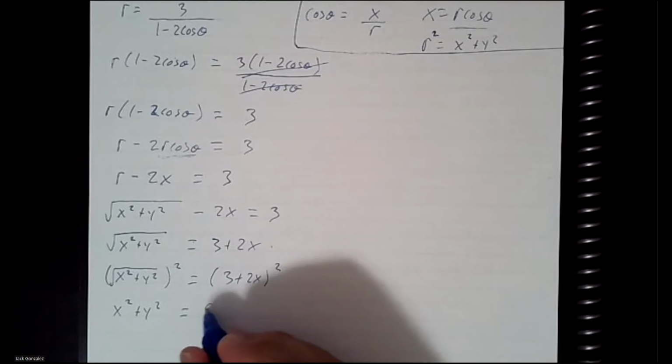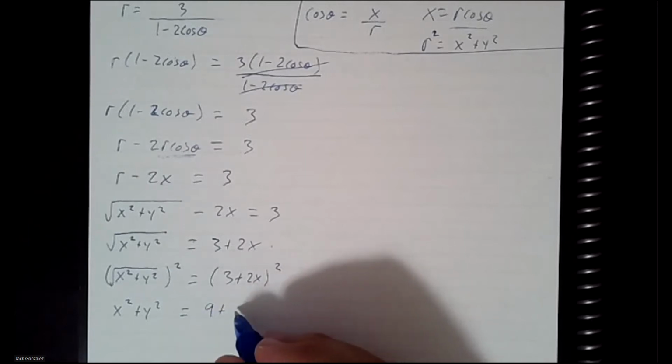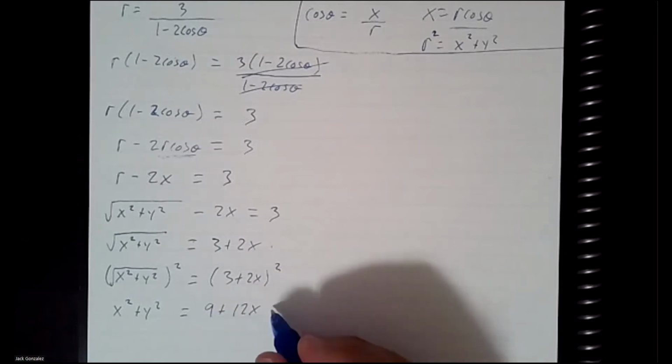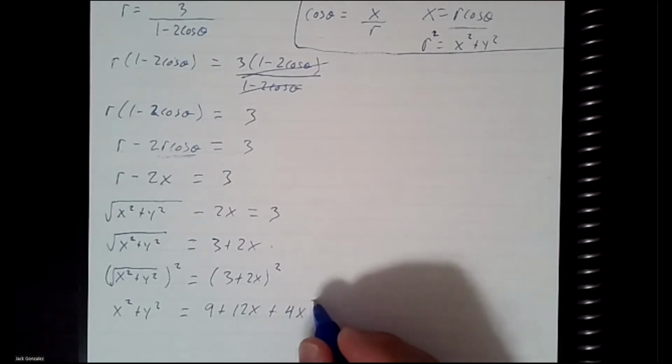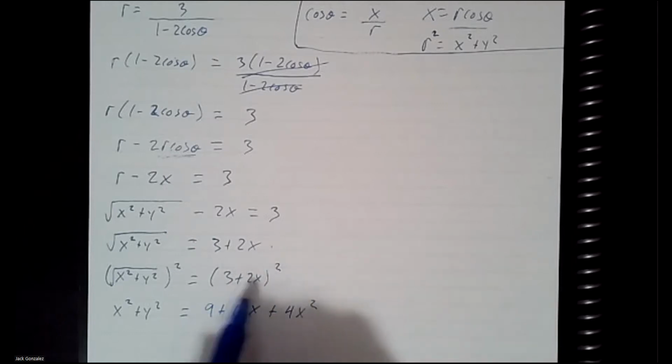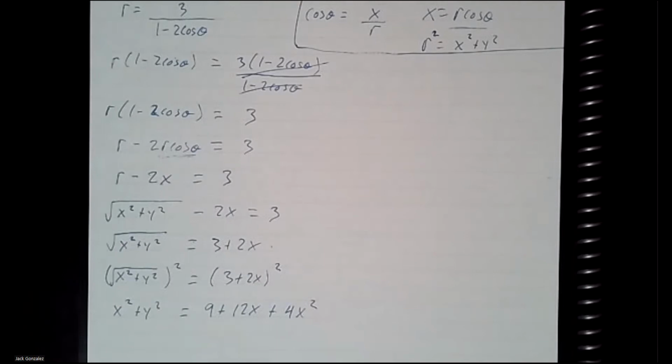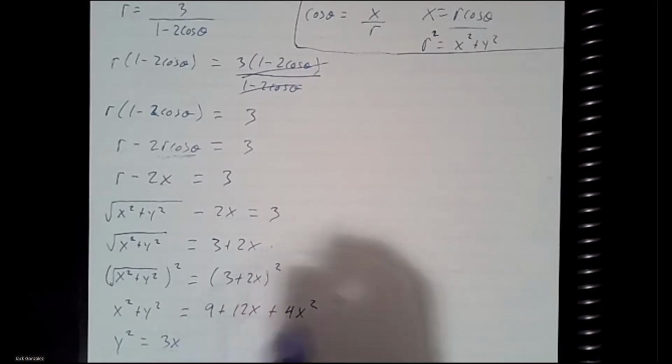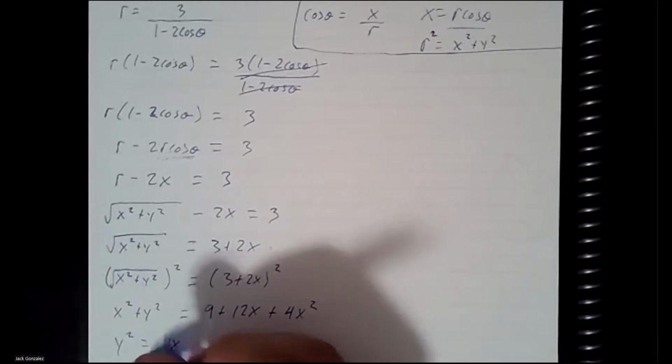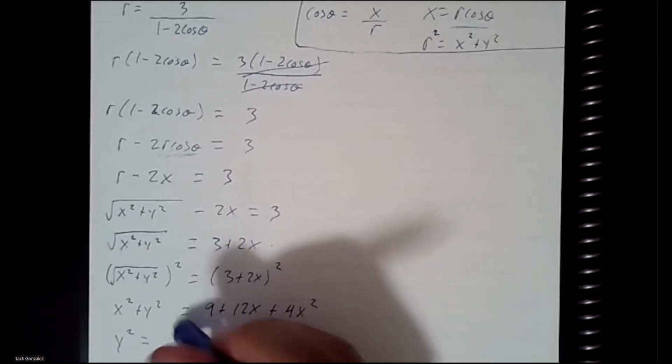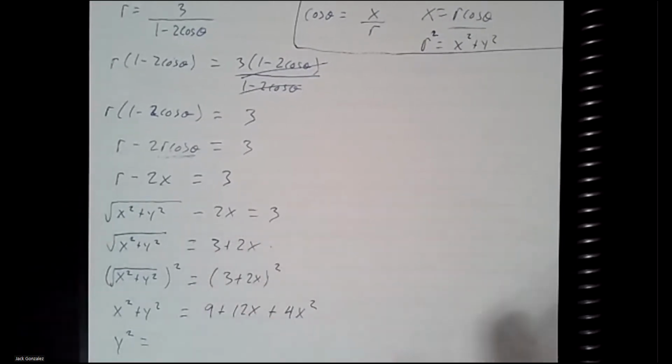So now we have 9 plus 12x plus 4x squared. Once you FOIL this out, multiply it out. Solve for y, this would be 3x, let me show the work. If I subtract the x squared over, right?